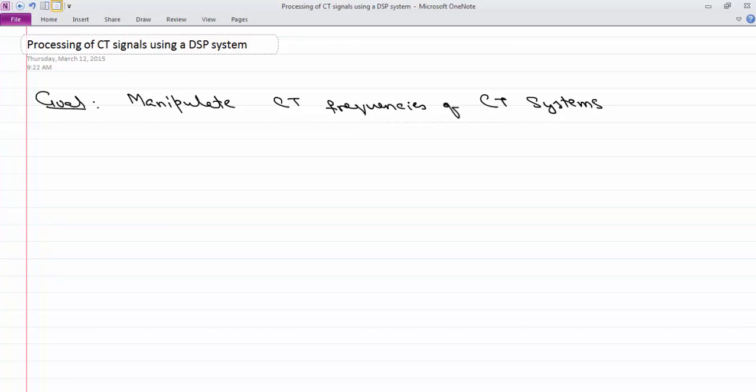We talked about, for example, stock market. You record your signal. You want to run various sorts of analysis on that to figure out whether you want to buy or sell or whatever. Although stock market signals, you often can just think of them as discrete time.